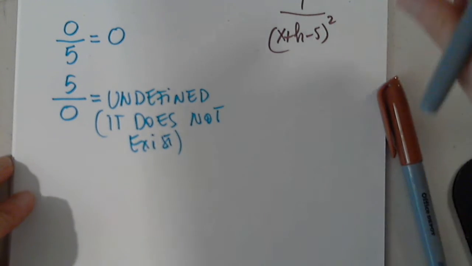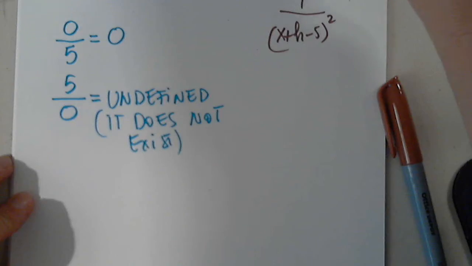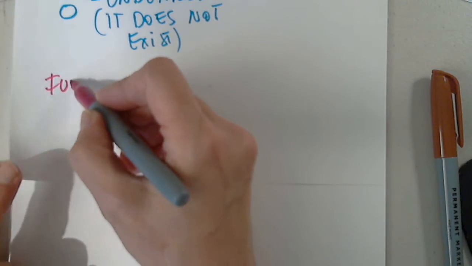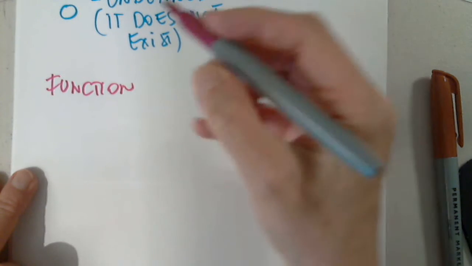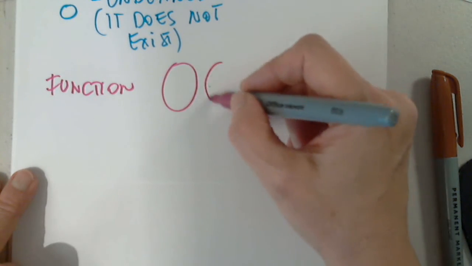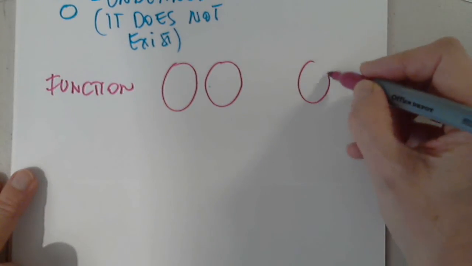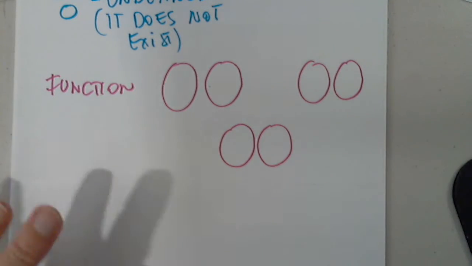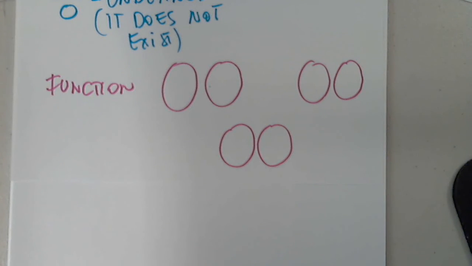Now, does anyone remember what a function represents? So let's discuss that, function. Let me give you 3 examples with 3 pairs of bubbles. I call them bubbles, but they are sets. I'm going to create a relationship between these sets.